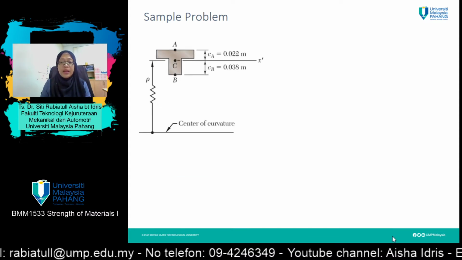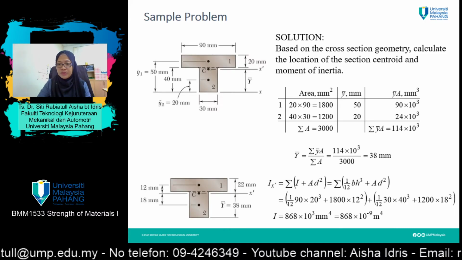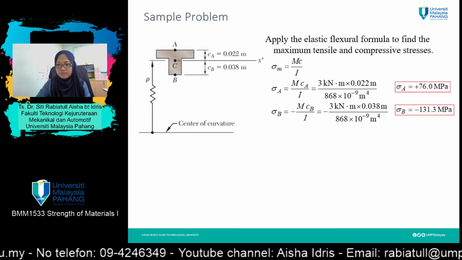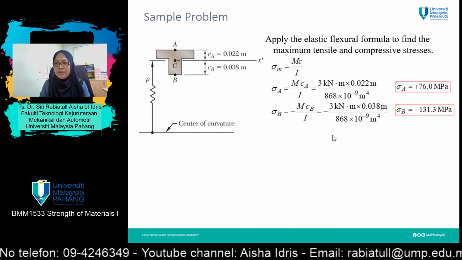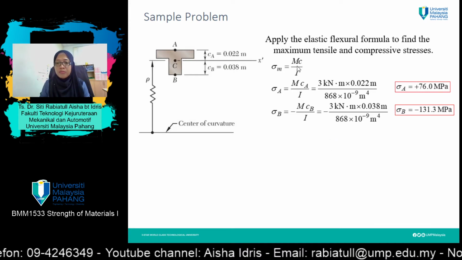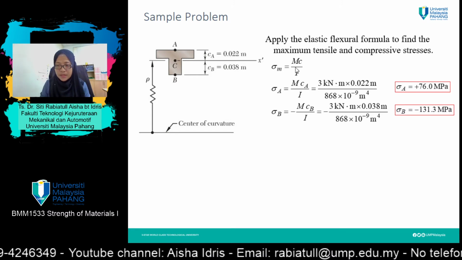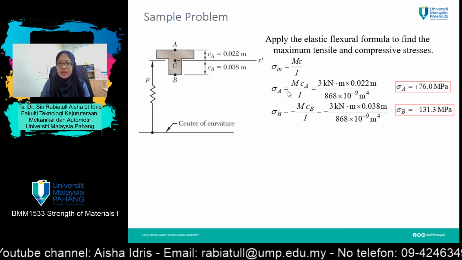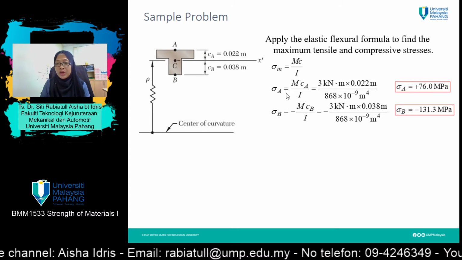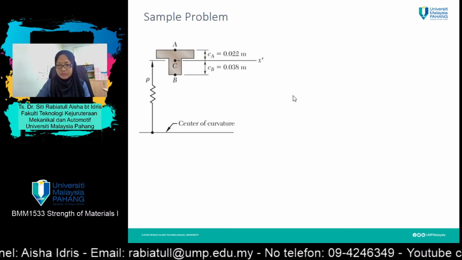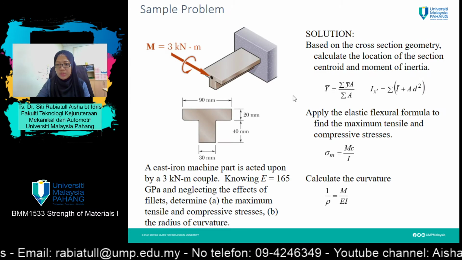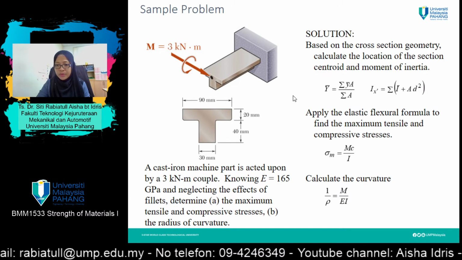From there, you can calculate the stress due to the moment, so sigma equals My over I. Sigma for point A: where is point A, if you look at the question again?